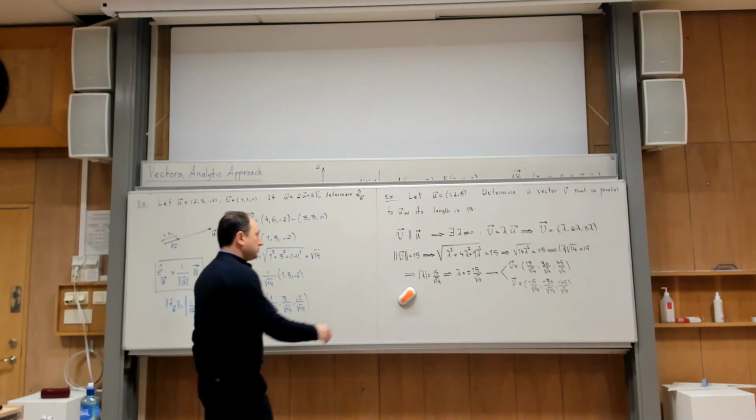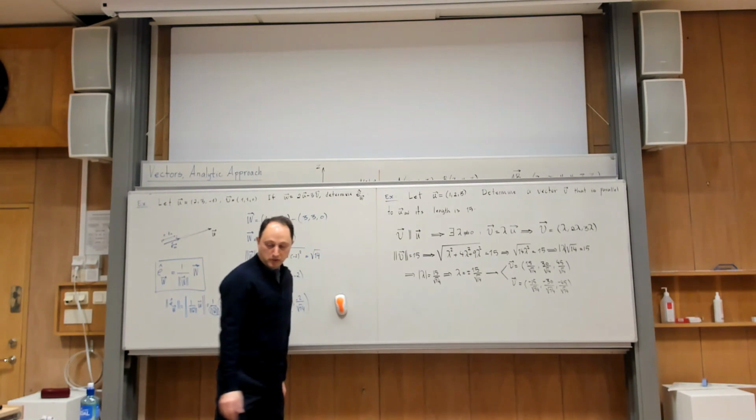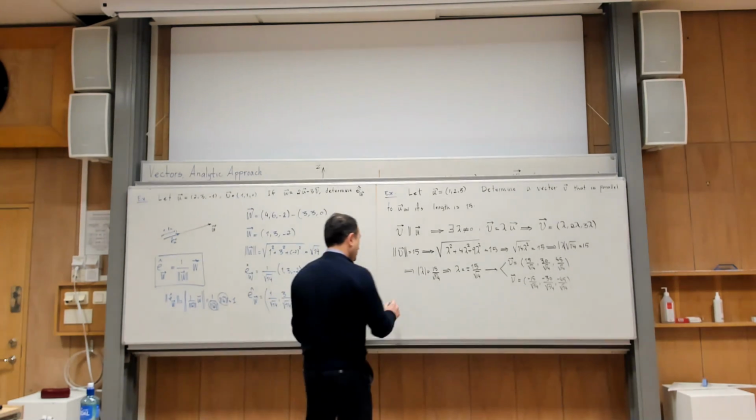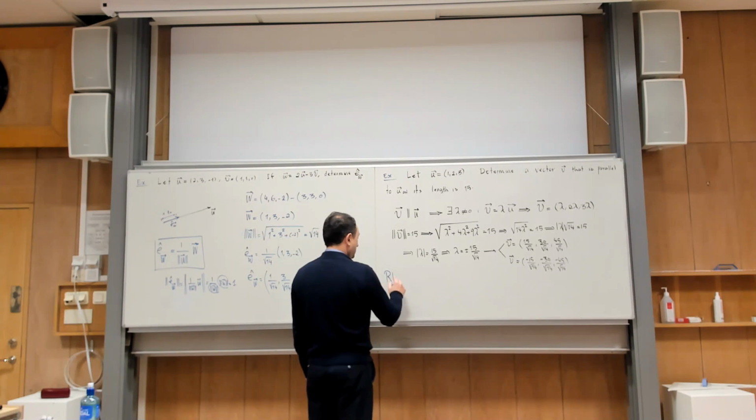So if I want to write a remark, I don't want you to memorize these things, but it's good to know. So if I write a remark for you here, it's good to see the problem in this way.